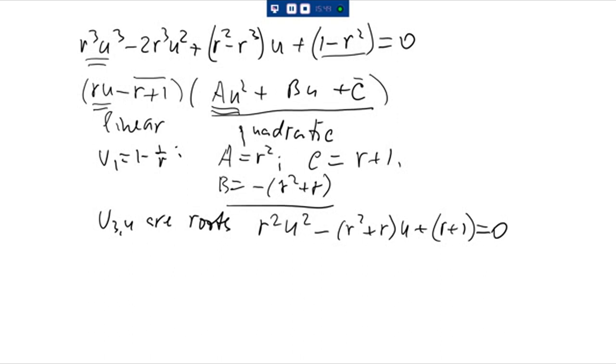And the roots of this are (r plus 1) plus minus the square root of (r plus 1)(r minus 3), divided by 2r.